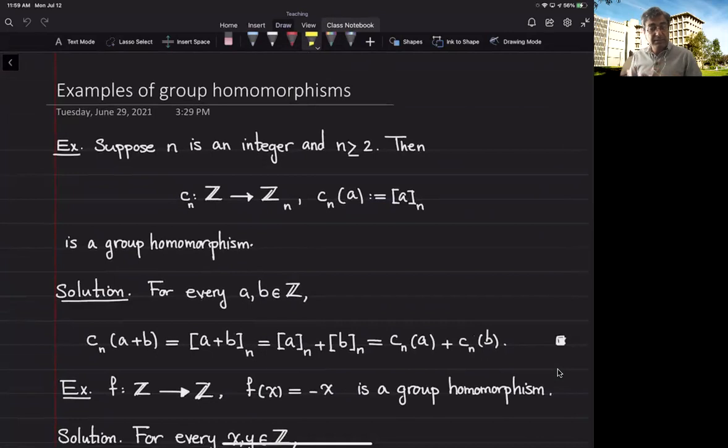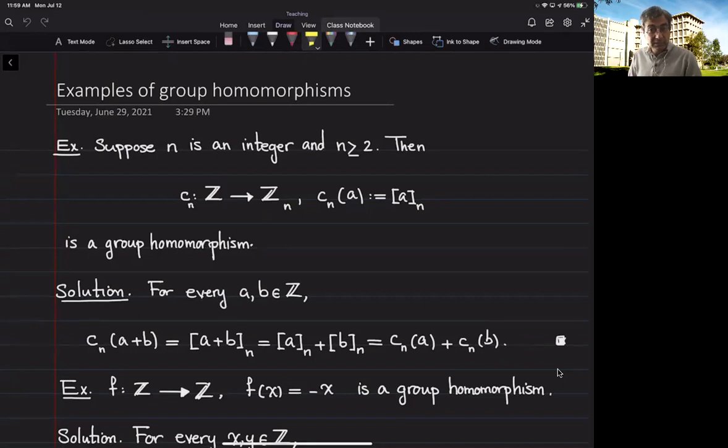Suppose n is an integer that is at least 2, then the congruence map that sends an integer a to its residue class modulo n, let's denote this by C sub n. So C sub n of an integer a is just the square bracket of a sub n, the residue class of a modulo n.